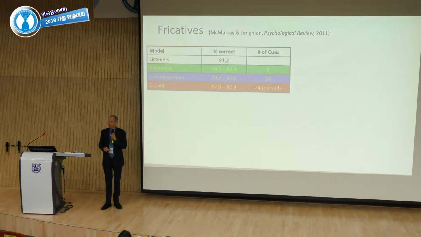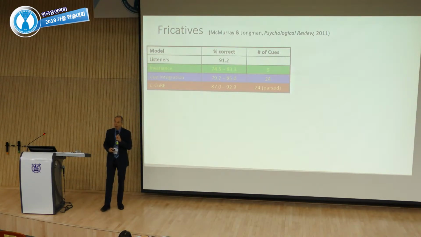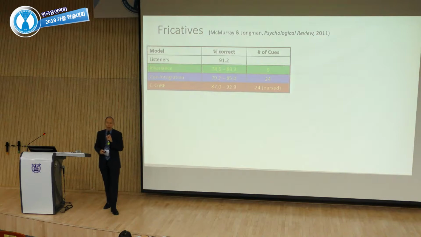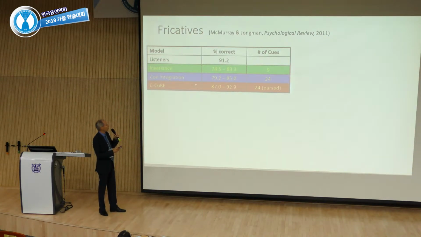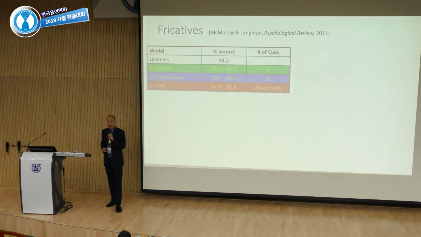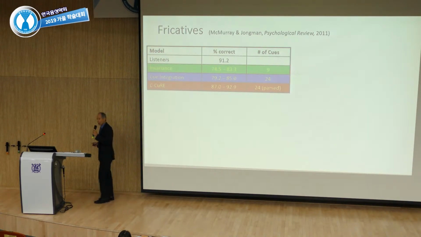So just to give you an idea how that works, our baseline here, the performance that we're trying to mimic is not perfect recognition, but human listener recognition. So when we look at fricative perception, English fricatives in human listeners, they get about 91% correct overall. Okay. If we then try to model that with different cue sets, we get the following pattern. Here we look at an invariance model. We actually didn't find any acoustic cues that were truly invariant, but we found some that were nearly invariant.